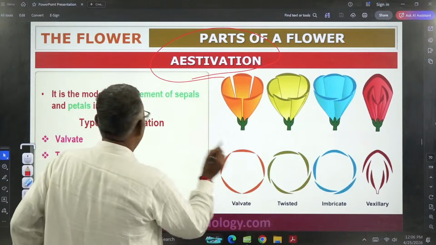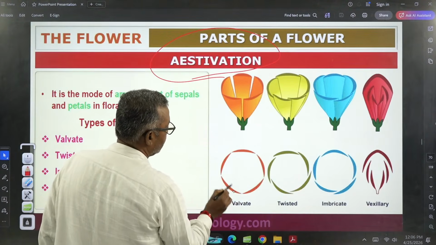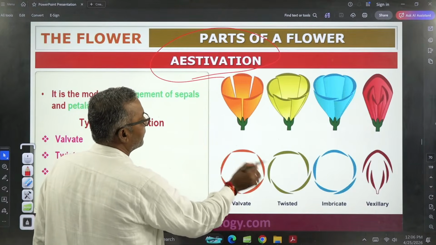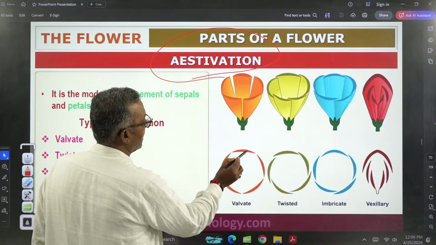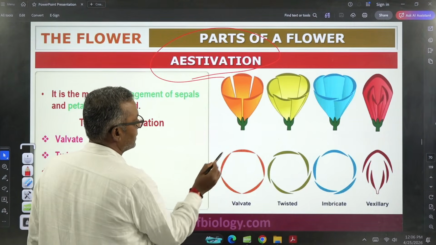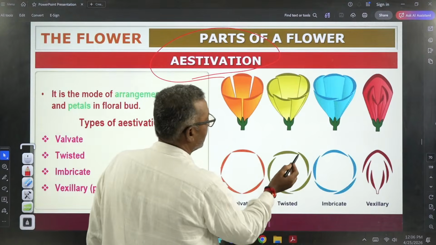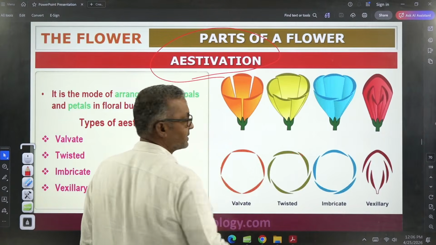See here, all the sepals are arranged in such a way that there is no overlapping among them. See, this sepal or petal is not overlapping this. Similarly, this is not overlapping this. And look at here, this margin of sepal or petal is overlapping this.